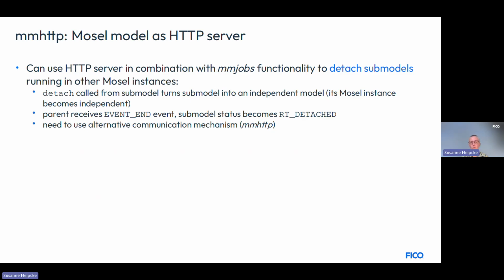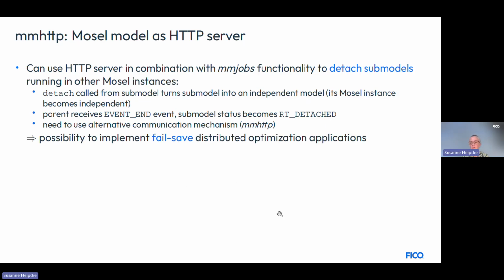So what I can do is switch over from the connection that is now broken between the parent and the child model. This Mosel connection is broken, but I can switch over to communicating between the two via HTTP. In this case, of course, the main one needs to have an HTTP server, so it needs to be able to receive the HTTP queries that are sent by the submodel. And so here what we have is a possibility to implement fail-safe distributed optimization applications, because we no longer suffer from everything breaking down if there is a network failure.